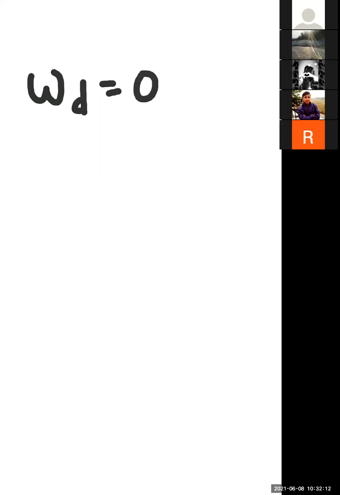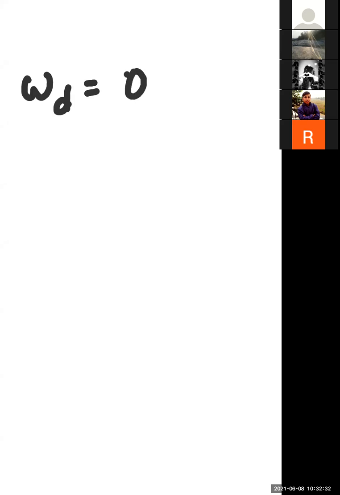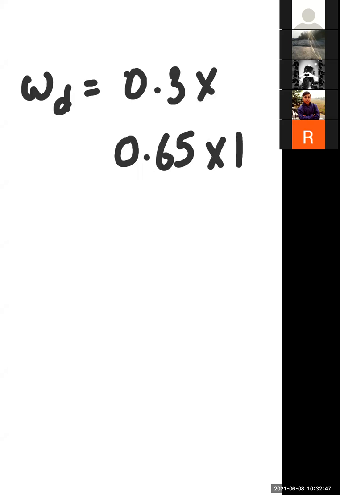Then in that case, WD is equivalent to 0.3 meter into 0.65 meter into 1 meter into 25, where 0.3 meter is your width of the beam, 0.65 is overall depth, 1 into 25 kilonewton per meter cube.